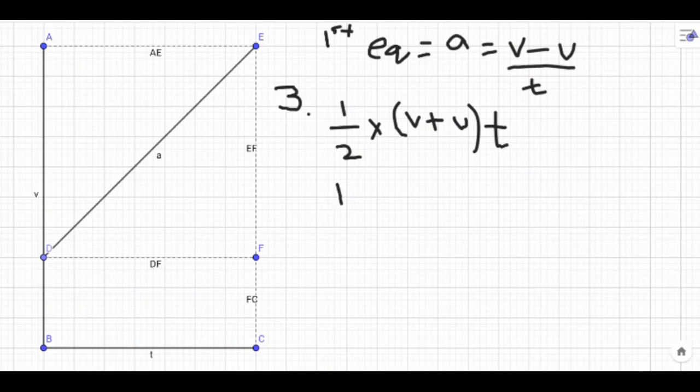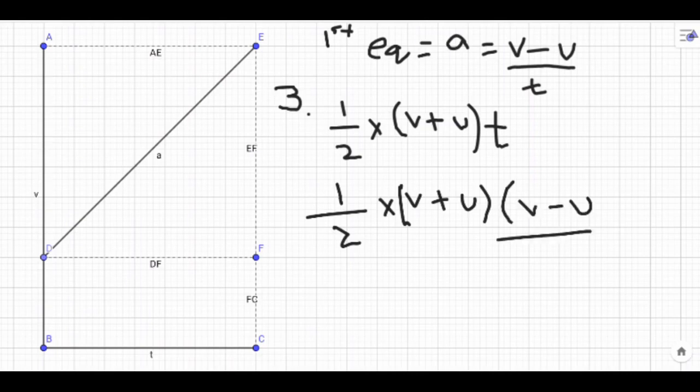So that will give us half multiplied by V plus U and V minus U divided by A. Now V plus U multiplied by V minus U is V square minus U square.